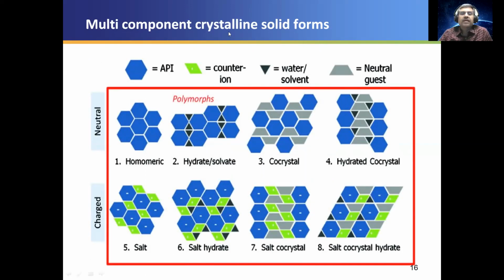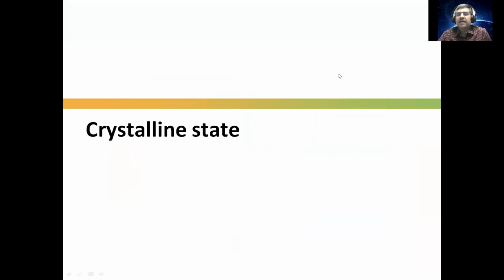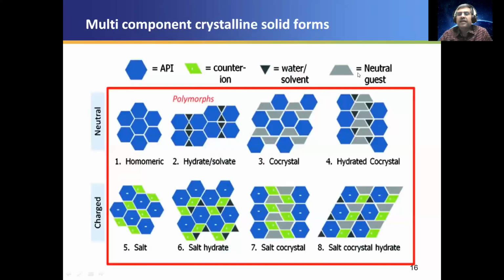There are also multi-component crystalline solids, wherein this hexagon, which is blue color, depicts the API. Green color box indicates the counter ion. Inverted triangle indicates water or the solvent. And this rectangular shape indicates the neutral guest molecule. We can have neutral species as well as charged species in the multi-component crystalline form.